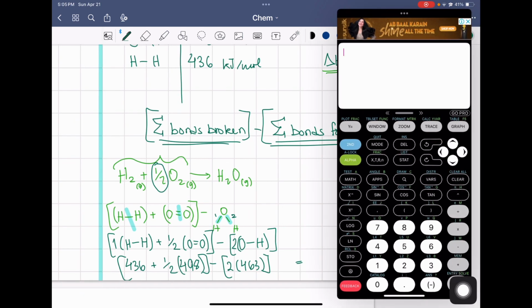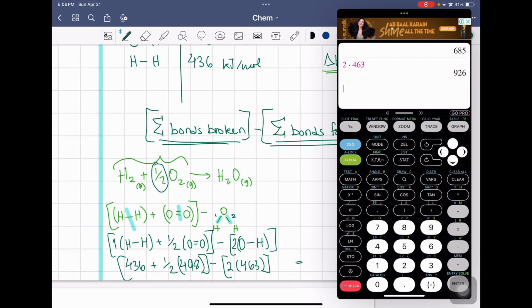Okay, so we're going to have 436 plus, I'm going to do half, 0.5 times 498, which is 249, okay, plus 436. Then we have 2 times 463.